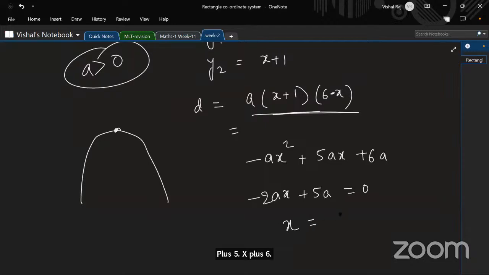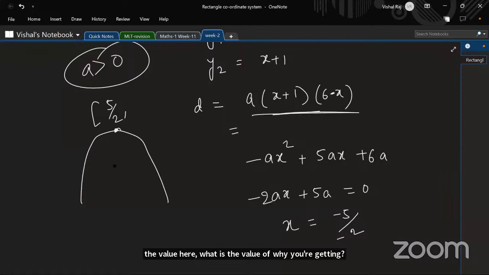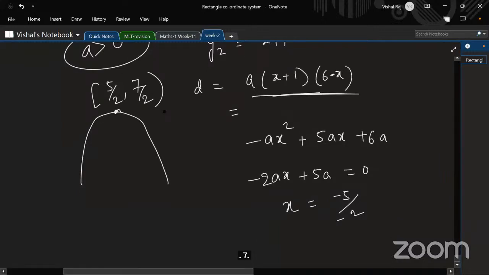So x you are getting is minus 5 by minus 2, so basically 5 by 2. If you put the value here, what is the value of y you are getting? 7 by 2. So 7 by 2 should be your answer, right?